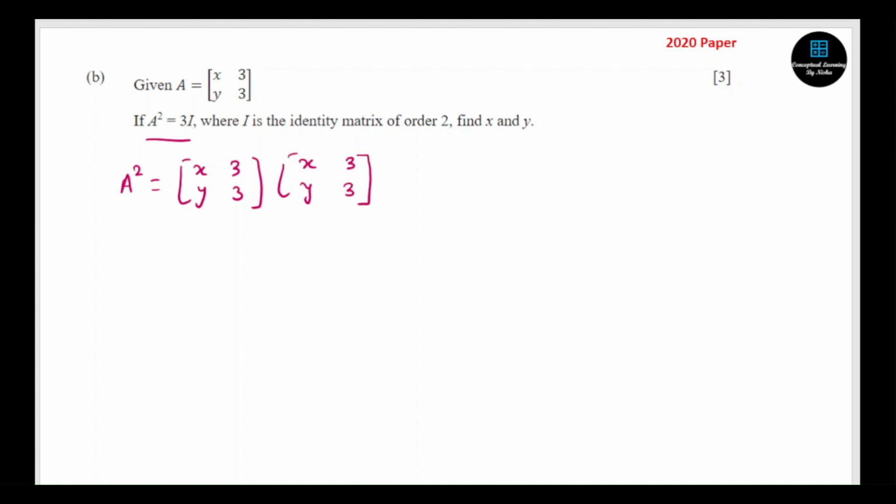Now, when I multiply first row, first column, I'll get x square plus 3y. First row, second column, 3x plus 9. Then second row, first column, xy plus 3y.